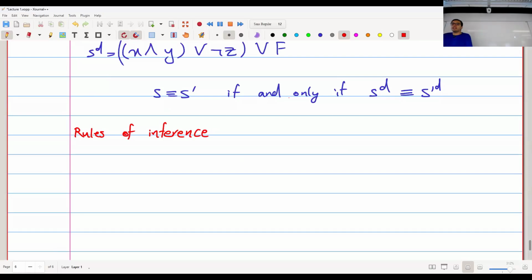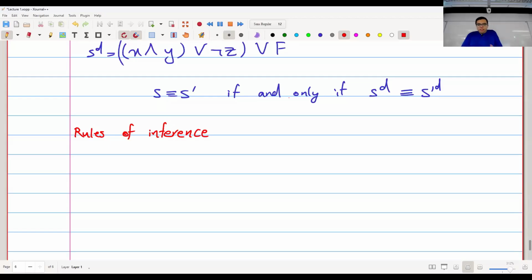But that's not usually how theorems look in mathematics. If you look at the way that you write theorems in, let's say, basic Euclidean geometry, you always have some hypotheses or premises, and then you have some conclusions or results, and you want to prove that these hypotheses give these conclusions.